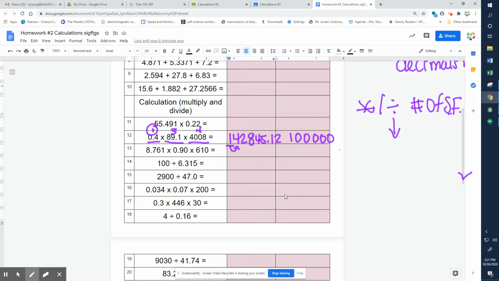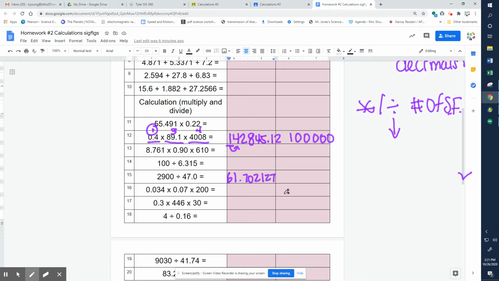Let's go with number 15. 2,900 divided by 47.0. When I put that in my calculator, I get 61.702127.